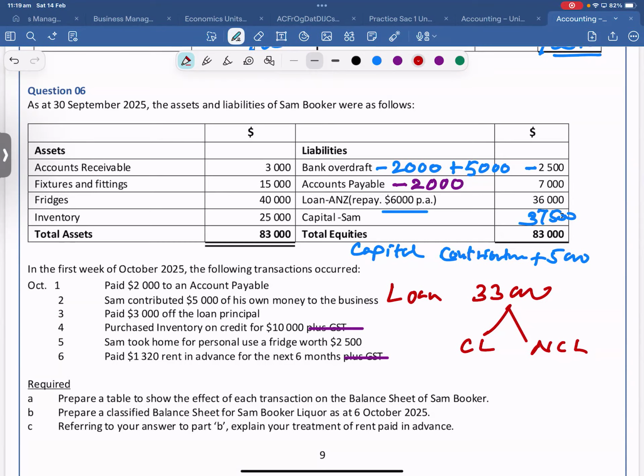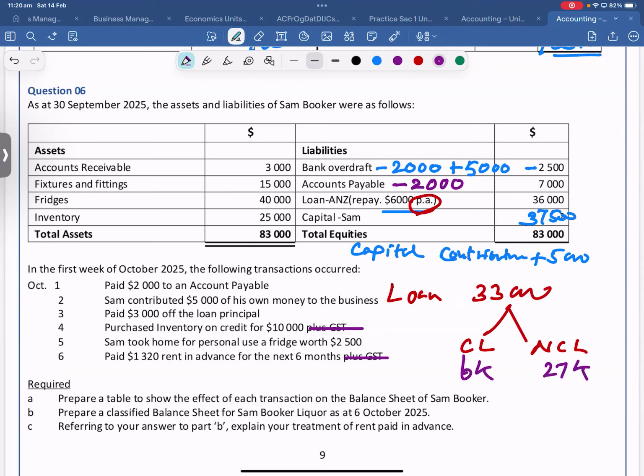They are saying 6,000 is per annum. Every time, regardless, 6,000 should be paid within the next 12 months. So always the current liability will be 6,000. The non-current liability will be the remainder, which is 27,000.